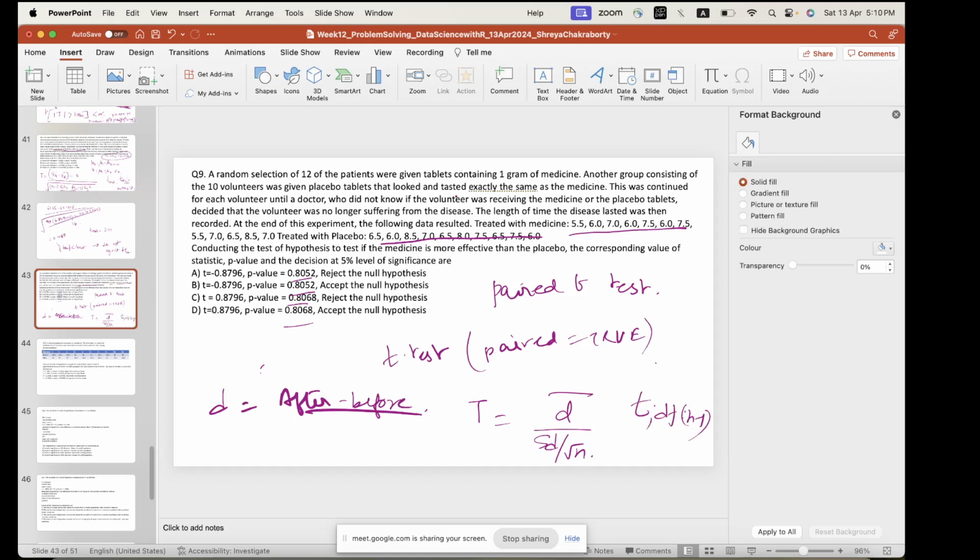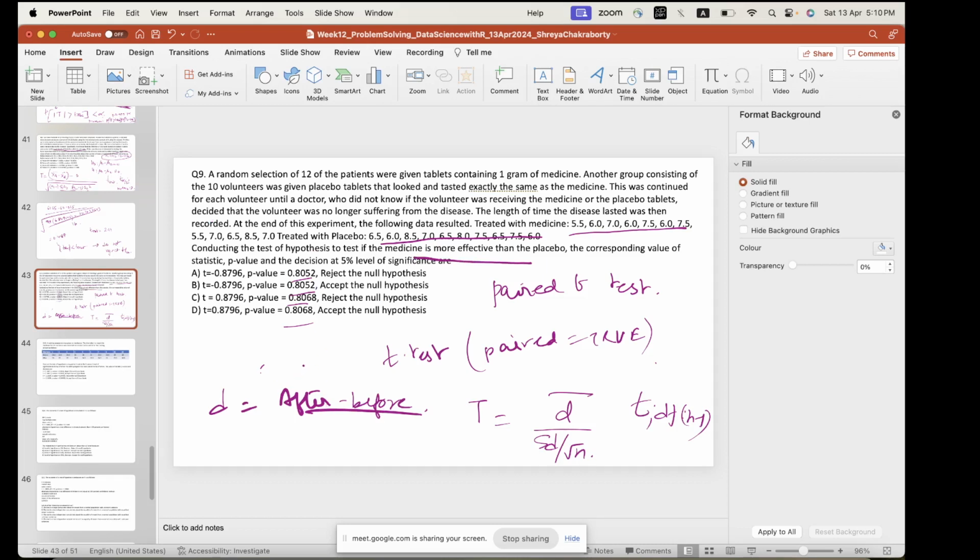Okay, and is it a right tailed or left tailed test? How will you understand? The length of time that the disease lasted was then recorded. If the medicine is effective, then d, after minus before, this length of time should be reduced, right?